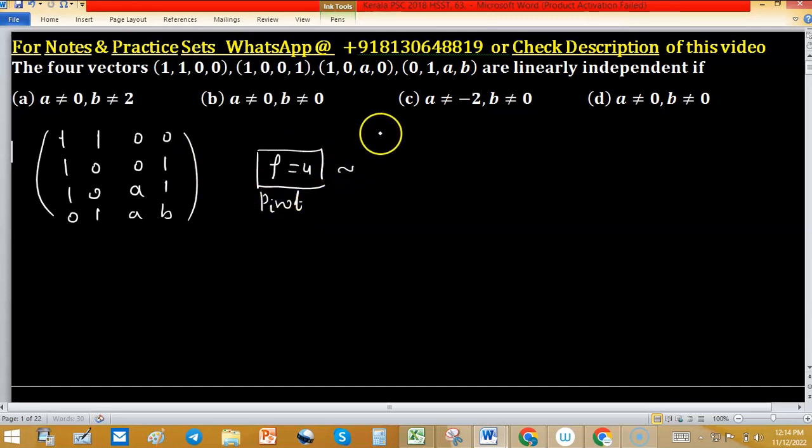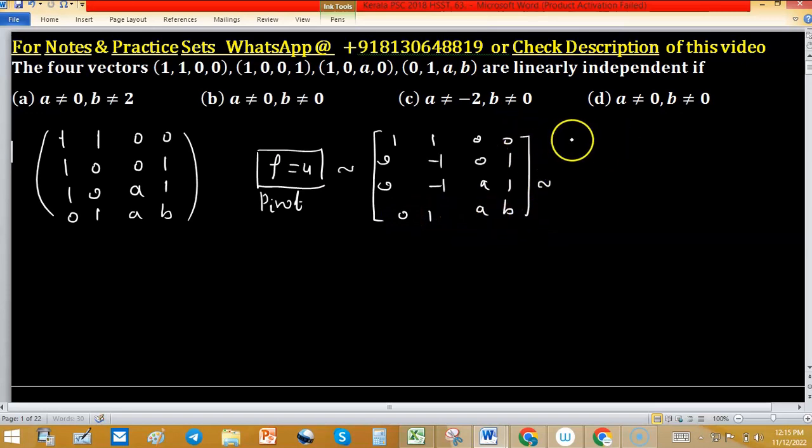Apply elementary row operations. This matrix is equivalent to: no change in the first row, second row 0, -1, 0, 1, third row 0, -1, A, 1, and the last row 0, 1, A, B. Again apply elementary row operations.